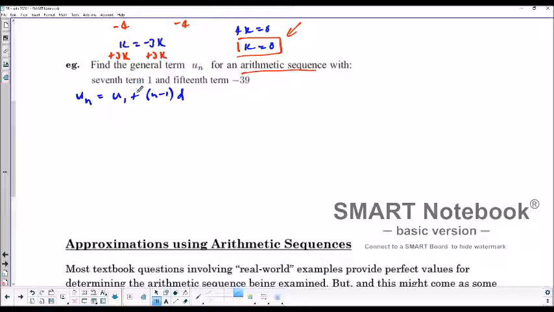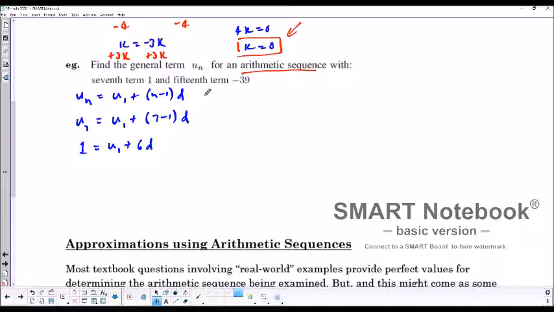So the 7th term is 1, so u sub 7 is going to be 1. So we've got u1 plus 7 minus 1 times d. So we can replace the left side there with 1. And 7 minus 1 is 6. So we've got 1 equals u1 plus 6d.